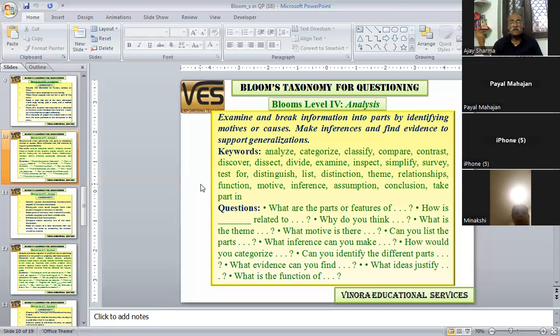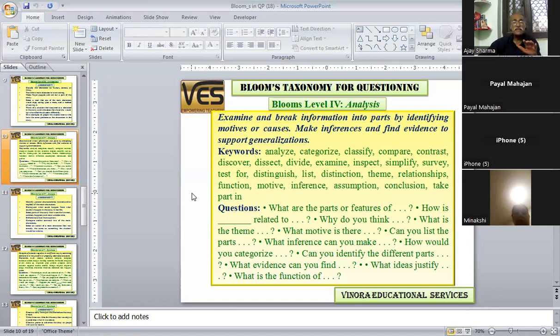Look at the other two parts, and then you give them, what is the motive of Sunny Deol to go to Pakistan? How would you categorize different types of meals the students bring to their classes, have in their lunch, have in their breakfast?